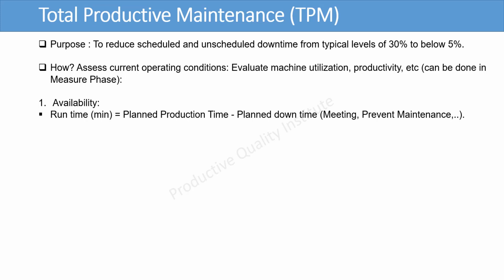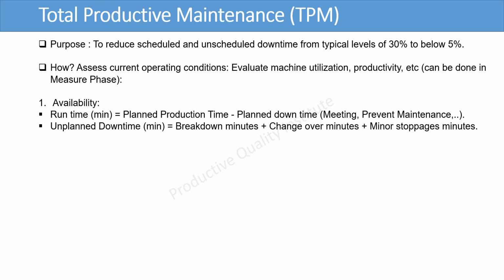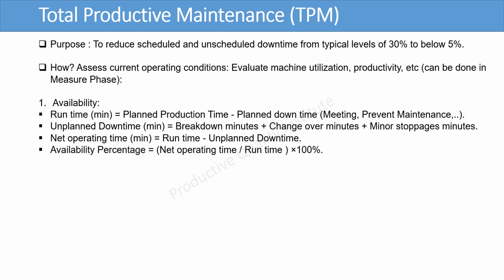Runtime, in minutes, is the planned production time minus the planned downtime, meetings, preventive maintenance, etc. Unplanned downtime, in minutes, is the breakdown in minutes, plus the changeover in minutes, plus the minor stoppages in minutes. Net operating time, in minutes, is the runtime minus unplanned downtime. Availability percentage is net operating time divided by runtime times 100.